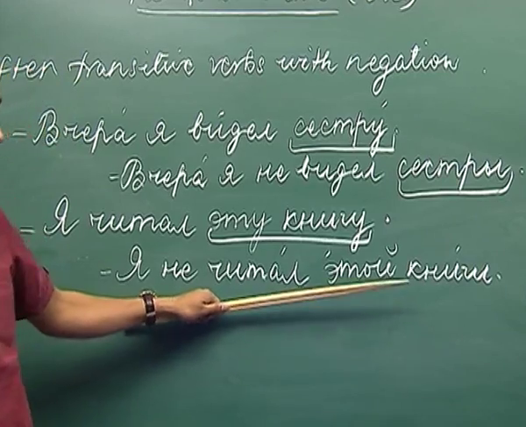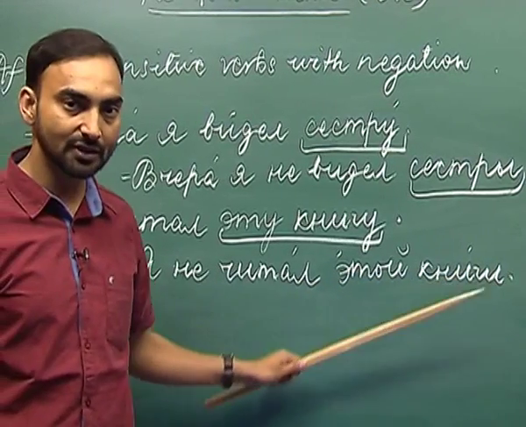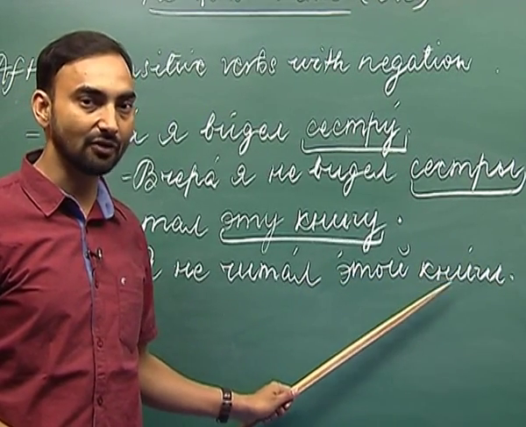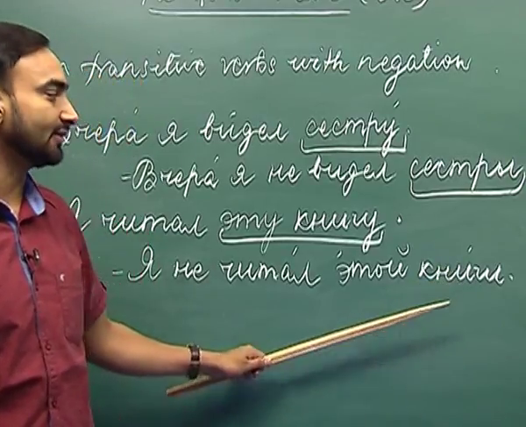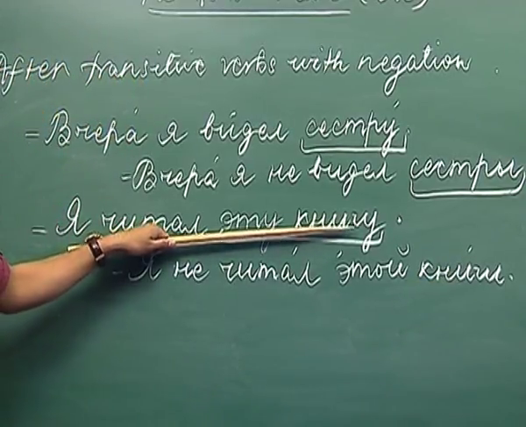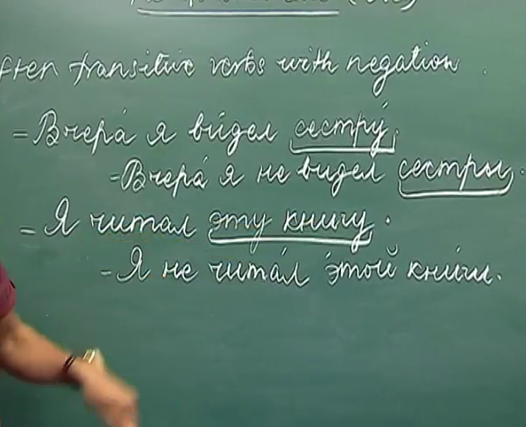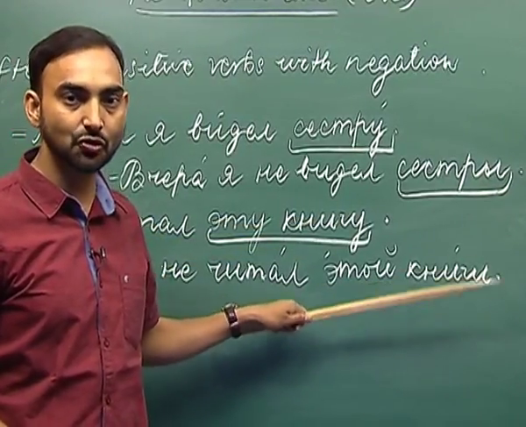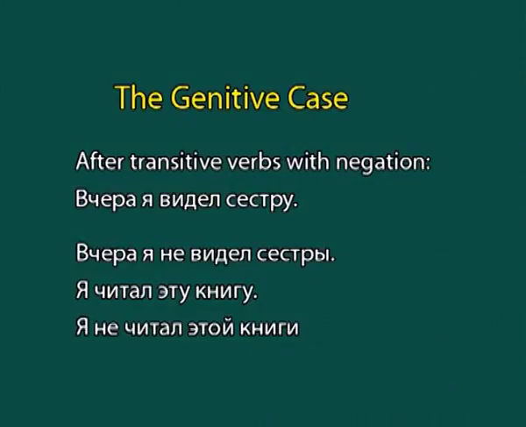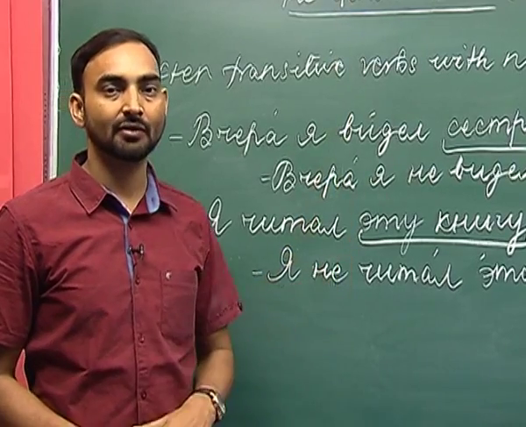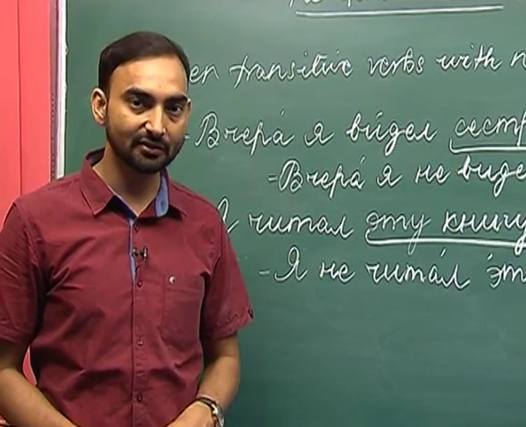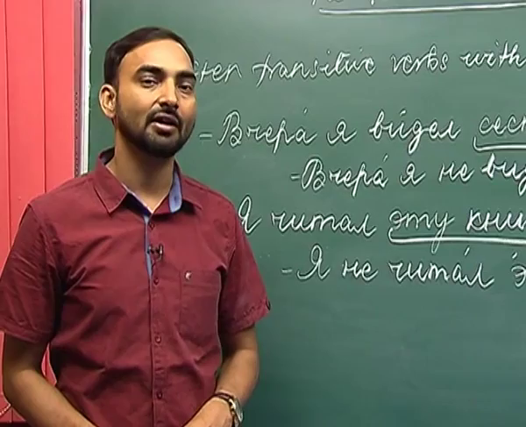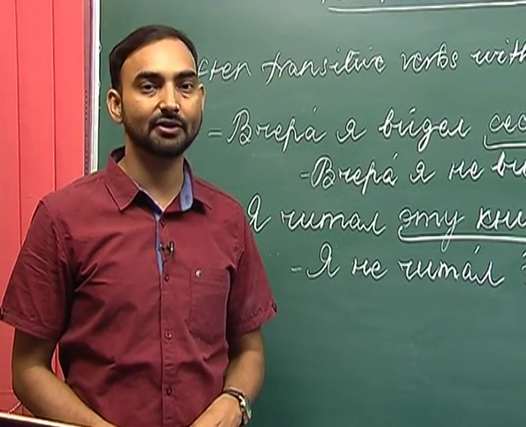Here there is negation, that is why we have used the genitive case of the noun книга, which is книги. In the first sentence we are using the accusative case to show the direct object, and here we are using the genitive case to show the negation. So, where do we use the genitive case? The first use is possession, the second is negation. Now, we will move on to the next use.